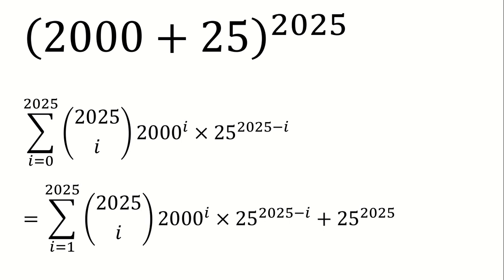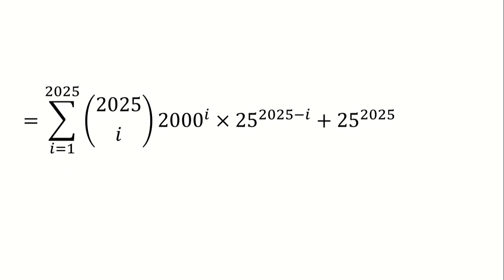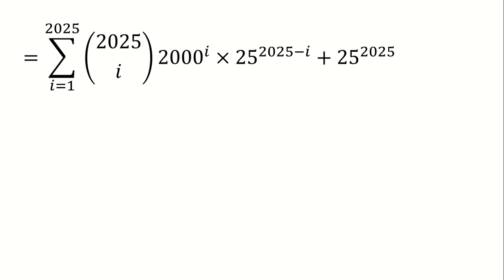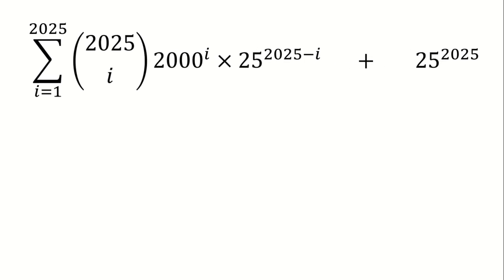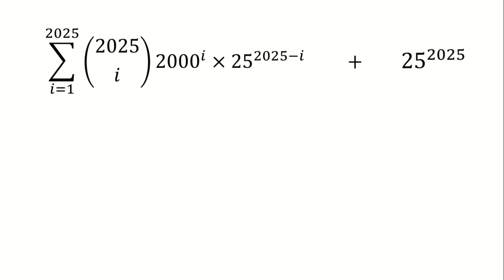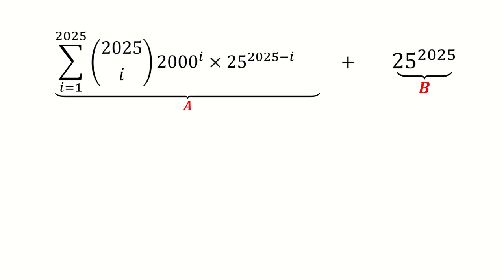Because if i is equal to 0, the binomial coefficient is equal to 1, 2000 to the power of 0 is equal to 1, and 25 to the power of 2025 minus i is just 25 to the power of 2025. We can separate these into two terms: one has a factor of 100 and the other doesn't.